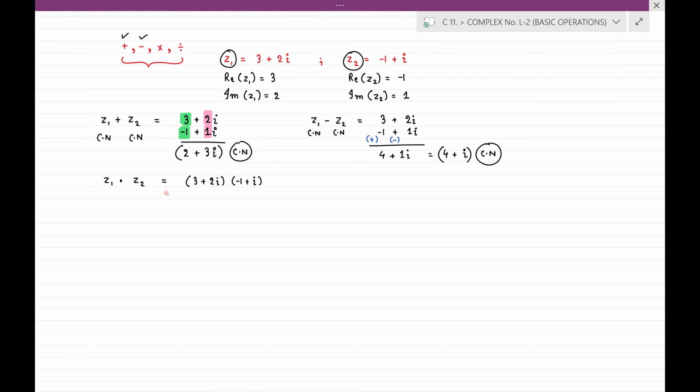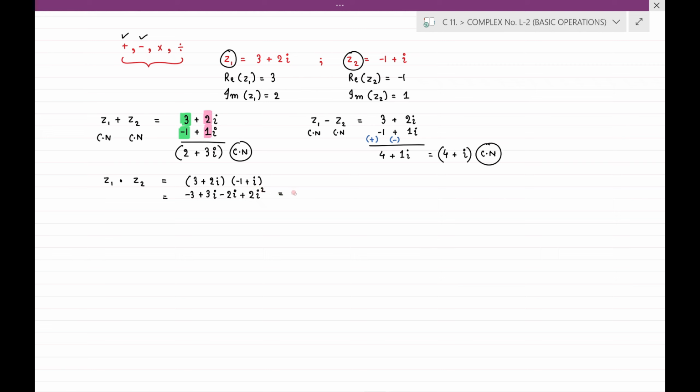After this, you do simple expansion. 3 into minus 1 is minus 3, 3 into plus iota is plus 3 iota, plus 2 iota into minus 1 will give you minus 2 iota, plus 2 iota into plus iota is plus 2 iota square.